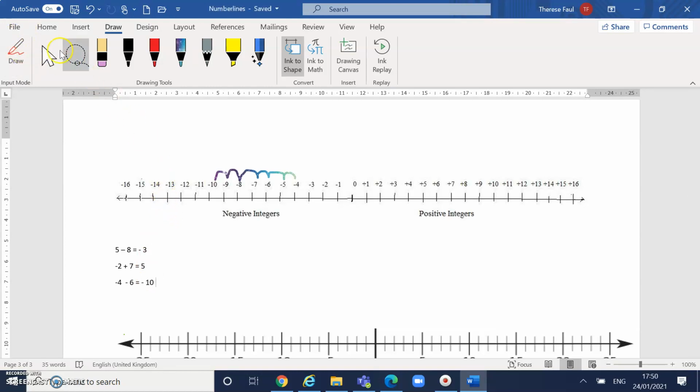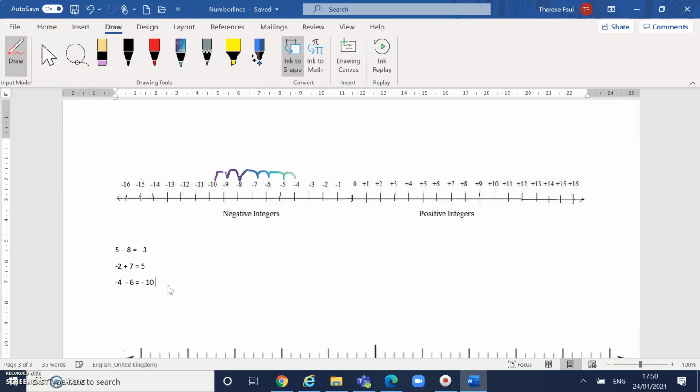Let's do just one more example of that. Let's say we had minus 2 minus 11 equals. So it's minus 2 minus 11.